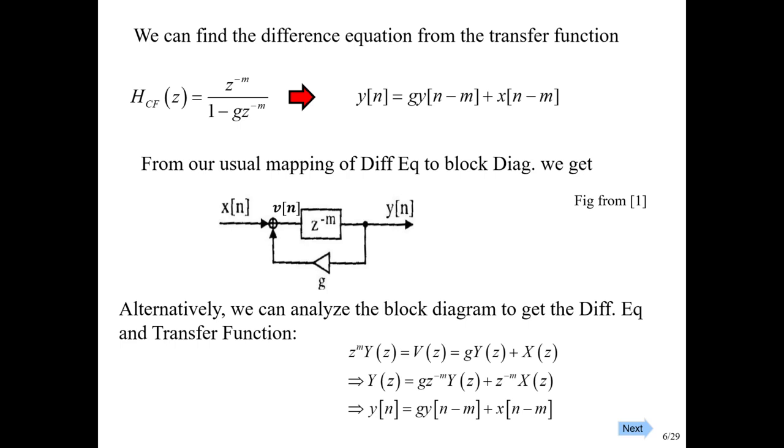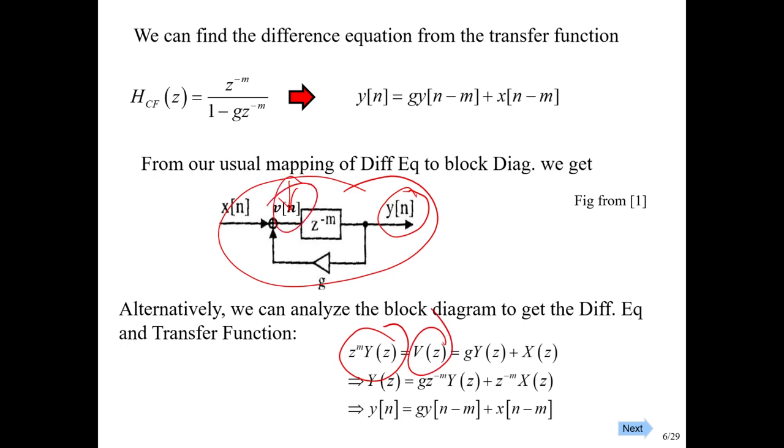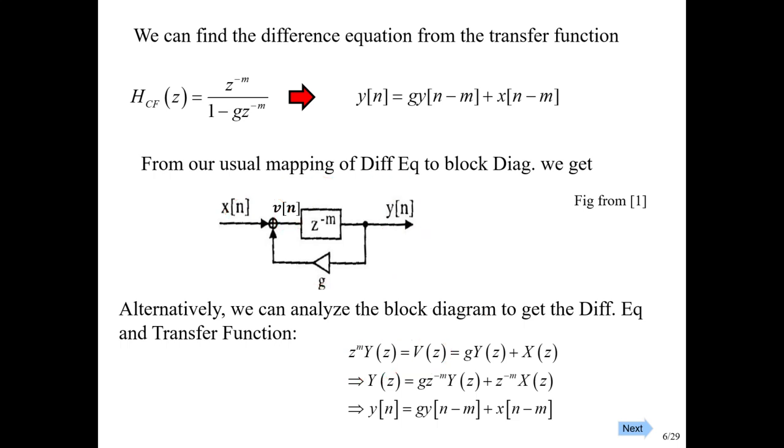Now we can also just start with this block diagram, and from that, we can get the transfer function. So we can just write that z^m Y(z). If this is Y(z), over here is z to the m times Y(z). And that's nothing more than V(z) as we have it notated there. But it's X(z) plus g times Y(z).